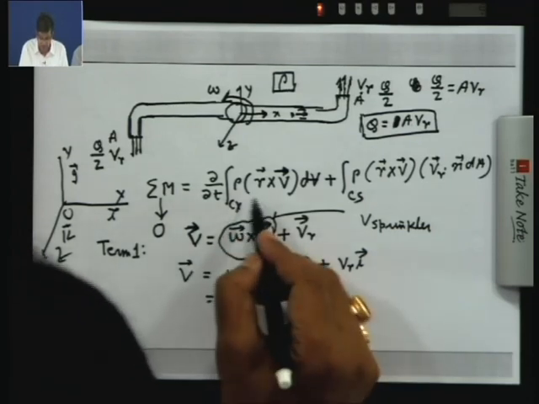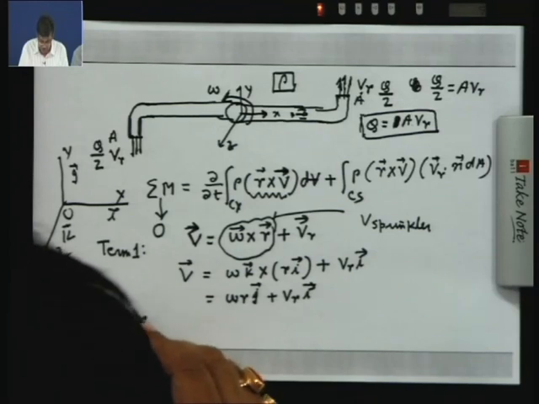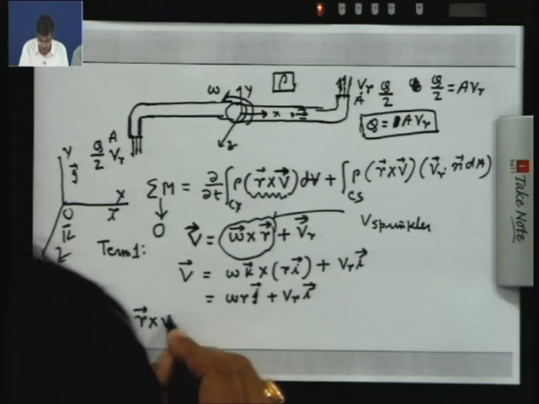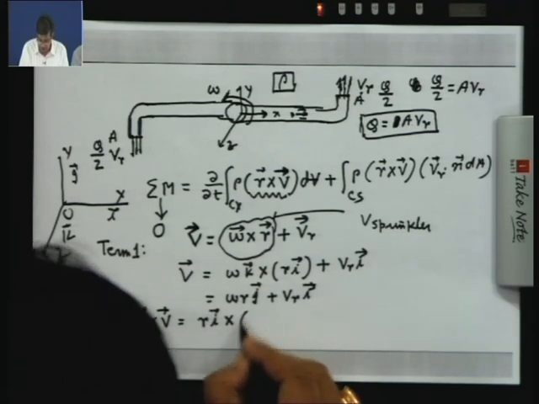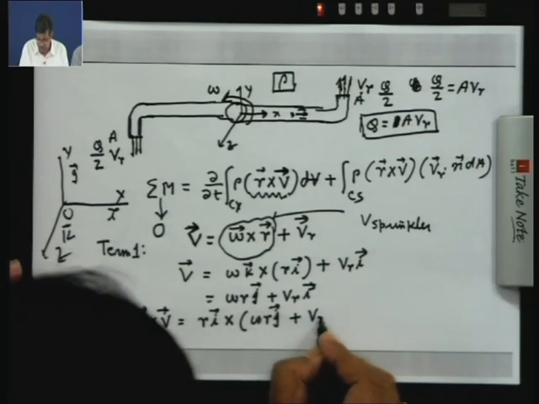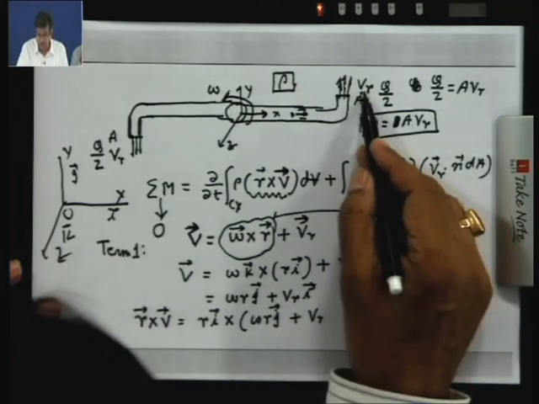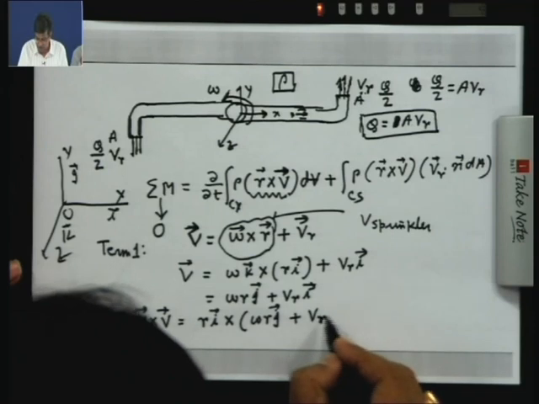Now, I find out this term. What is this term? r cross V. It is very simple, that means r i cross omega r j plus Vr. Vr is defined as a constant relative velocity coming outward, that is the scalar magnitude Vr i.